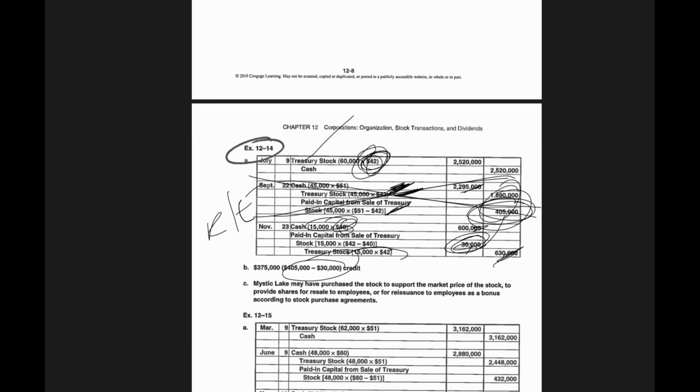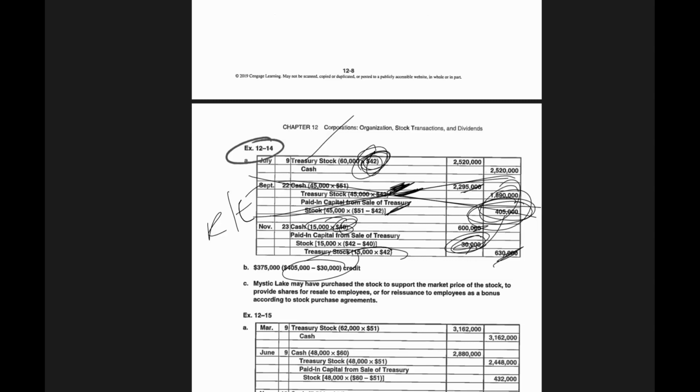It says here, Mystic Lake may have purchased the stock to support the market price, to provide shares for resale to employees, or for the reissuance to employees as a bonus. It can be a host of reasons. Those listed in letter C are also some of them.